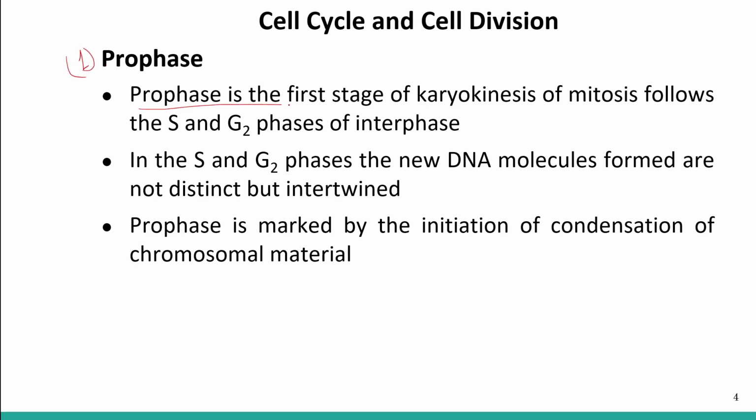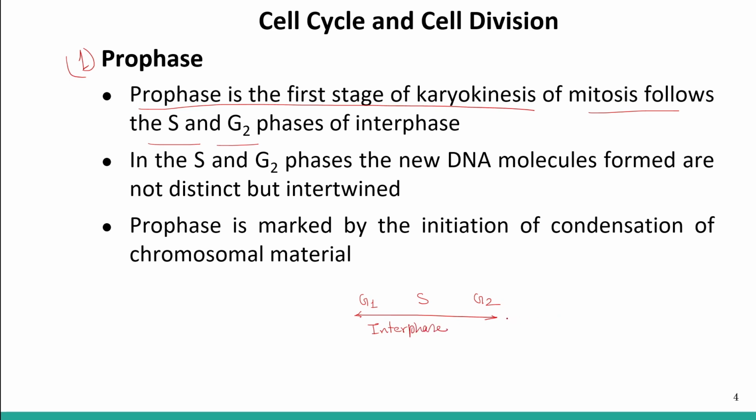The prophase is the first stage of the karyokinesis of the mitosis, and it follows the S and G2 phase. So we have G1 phase, S phase, and G2 phase, and these phases are part of interphase.